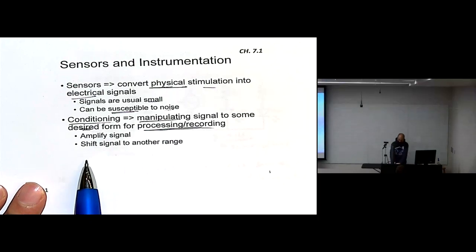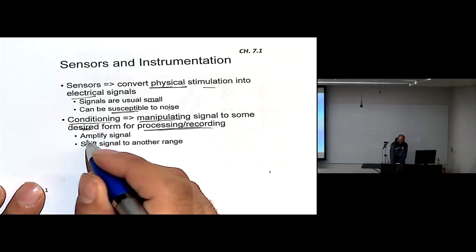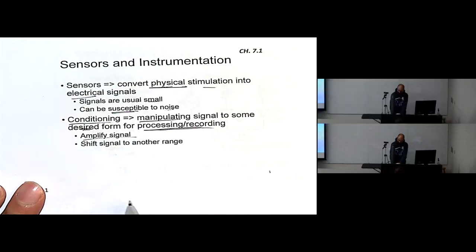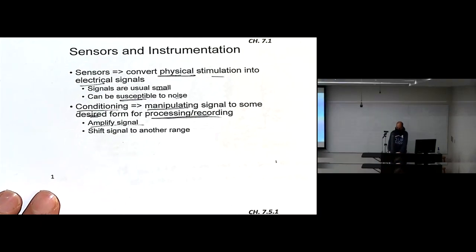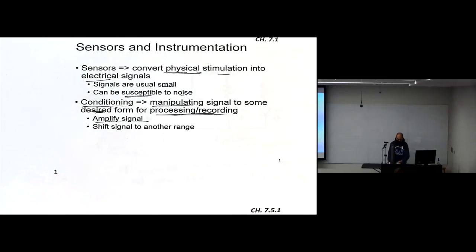After that, it can go to amplify the signal or shift the signal to another range. I can do many things with that. But I need to know what to do with this signal. It's not only sensing, I need to do something else, which, as we call it, is conditioning.